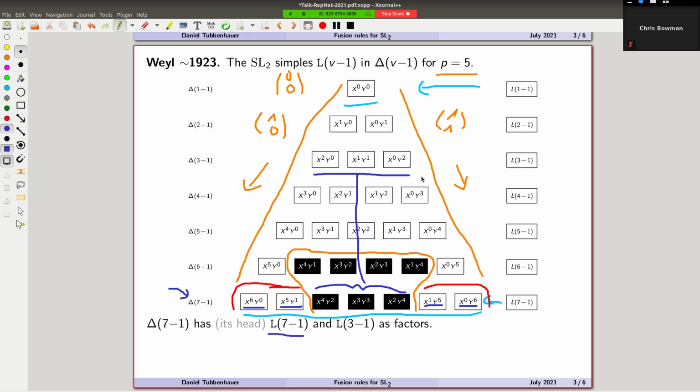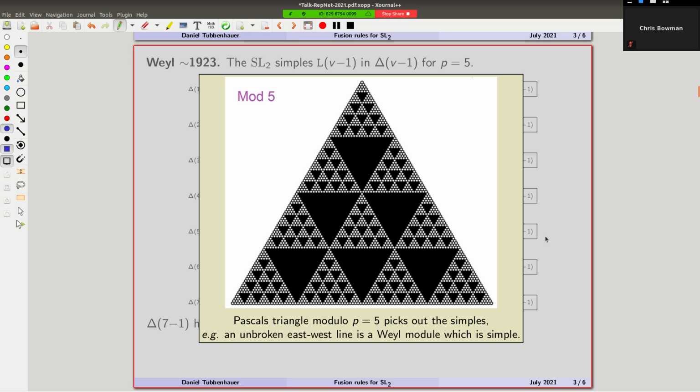So in this case, delta 7 minus 1 has the hat L 7 minus 1 and has another factor L 3 minus 1. And how does it look if you zoom out? Well, it's exactly the picture from before. It's really Pascal's triangle mod 5. This is how it looks if you only care what is 0 and what is non-zero. And these are really the simple modules, mod 5.